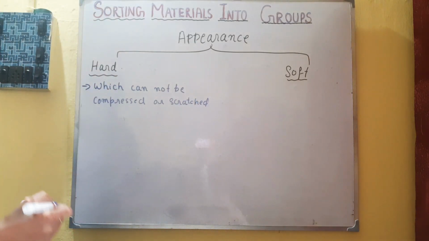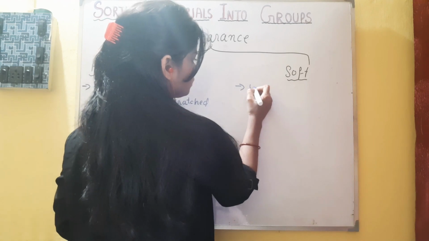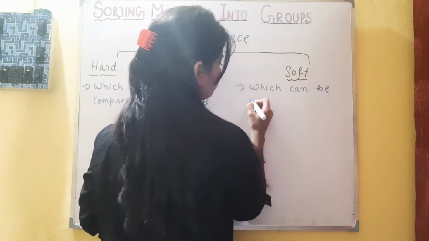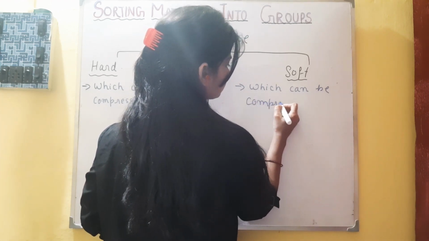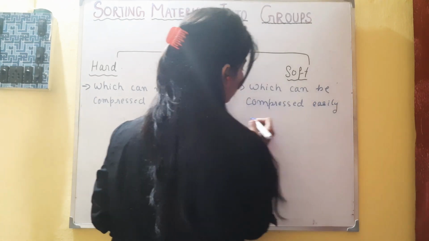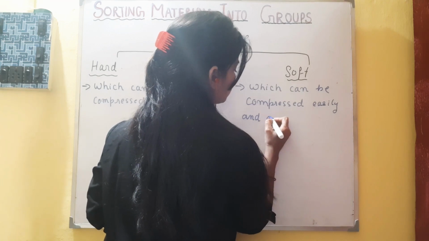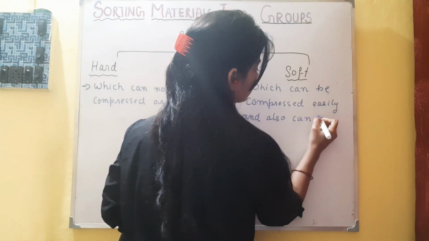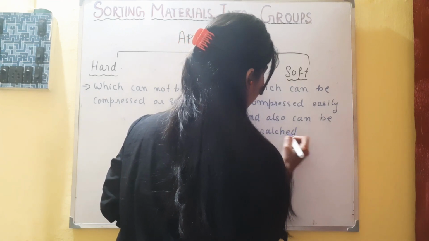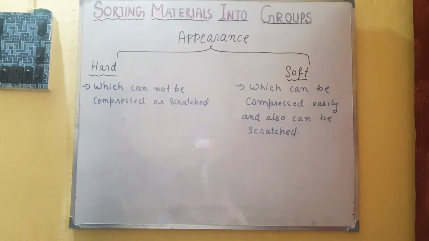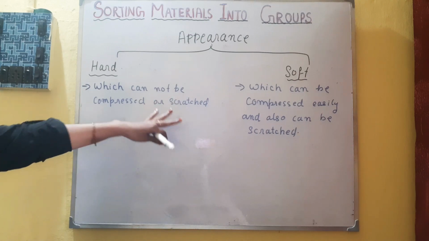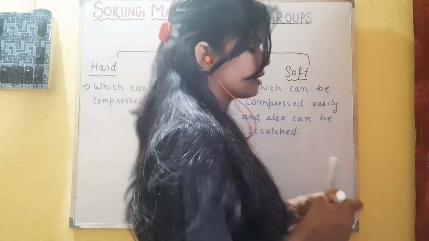Soft is the material which can be compressed easily and can also be scratched. So the hard materials are the materials which cannot be compressed or scratched easily.